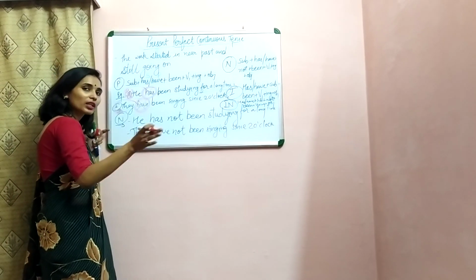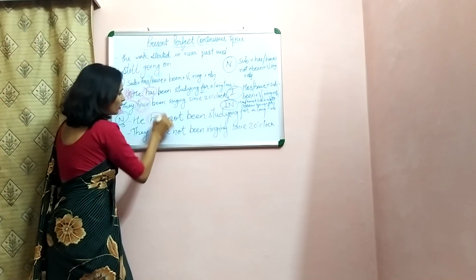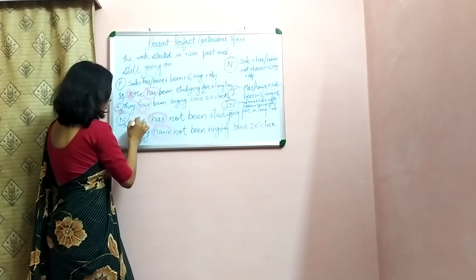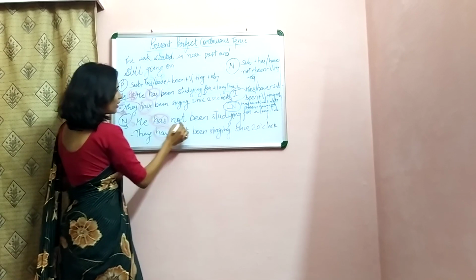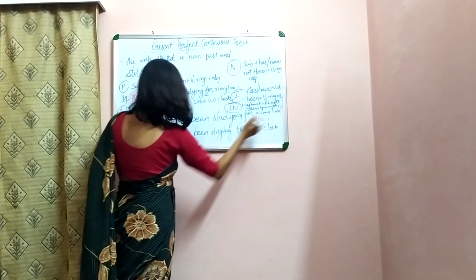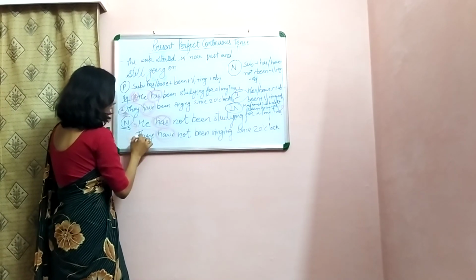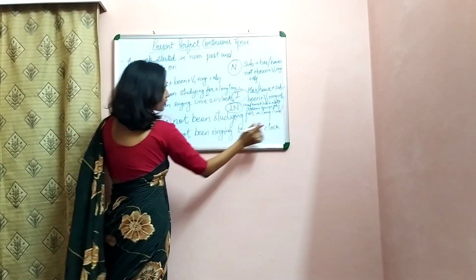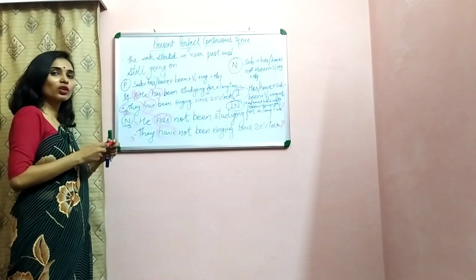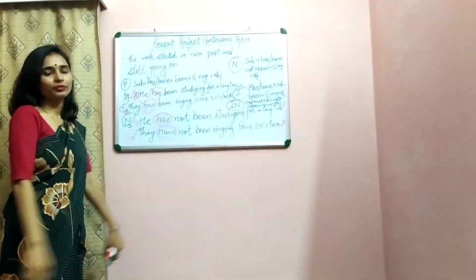Interrogative negative is a negative question. So again here is has and here is have. It is, has he not been studying for a long time, question mark, and have they not been singing since 2 o'clock, question mark. Just pause the video and write this rule quickly.